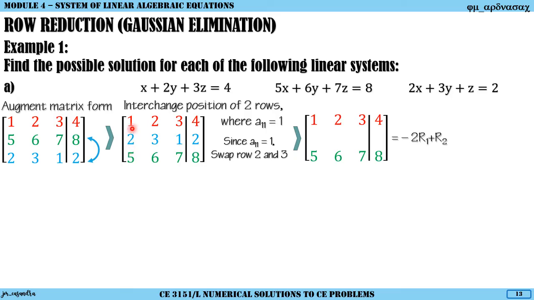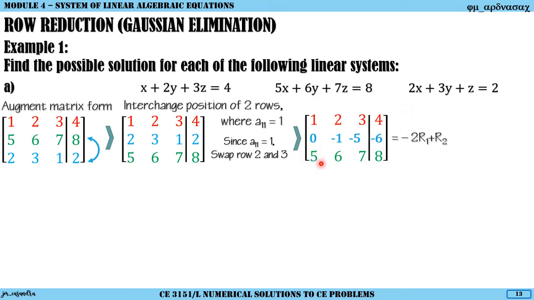So negative 2 times R1 plus R2 will give us 0. For this column, we'll have negative 1. So negative 2 times 3 plus 1 is equal to negative 5. And negative 2 times 4 plus 2 will give us negative 6.